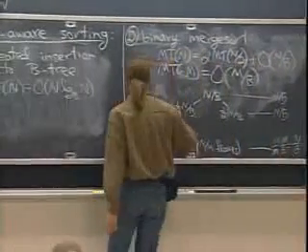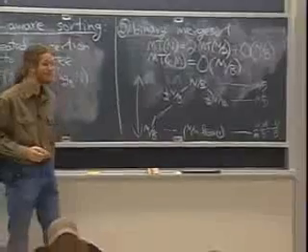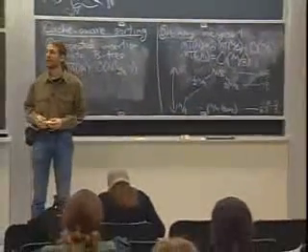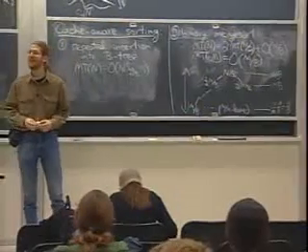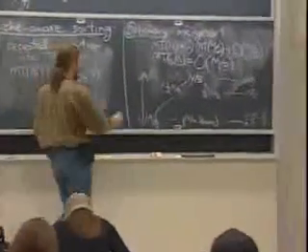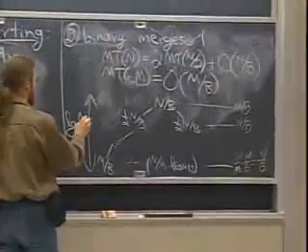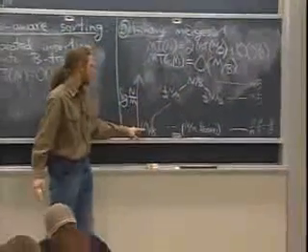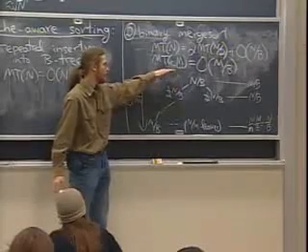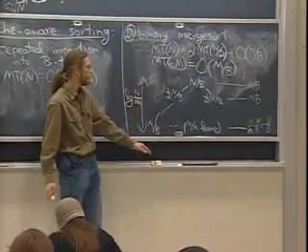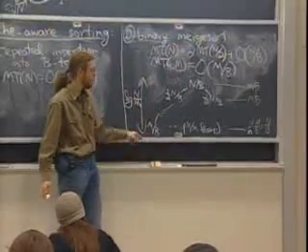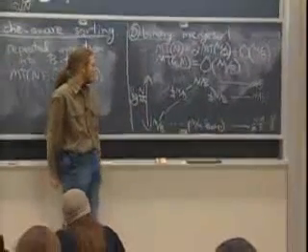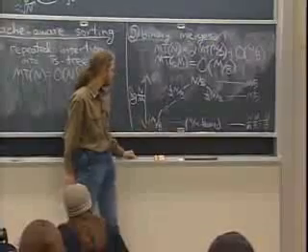And the number of levels is log n over m. We're starting at n and getting down to m. So you can think of it as log n, the whole binary tree, minus the subtrees, log m. And that's the same as log n over m.